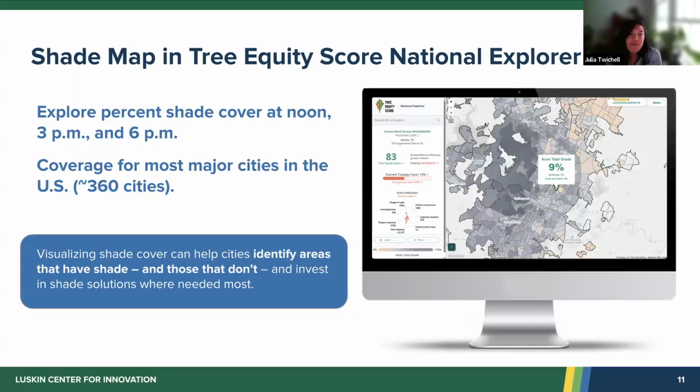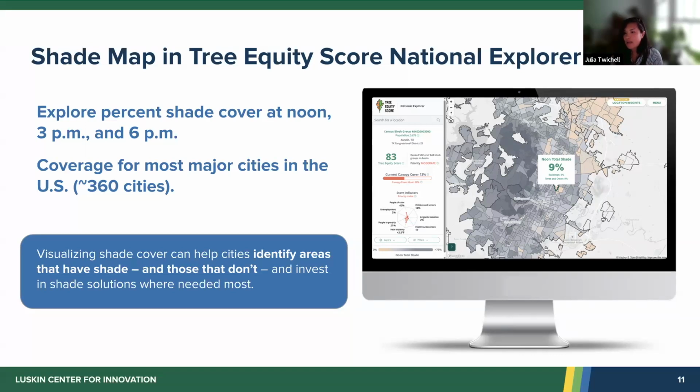Awesome. So we're really excited to make shade data available through Tree Equity Score because it gives you another data-driven layer of information. Shade coverage ties very closely to the issue of tree equity. Communities that have less tree coverage also have less shade, and they're also going to be disproportionately affected by heat and other environmental stressors that trees mitigate. So until now, we really lacked a clear citywide view of shade distribution in different cities in the United States.